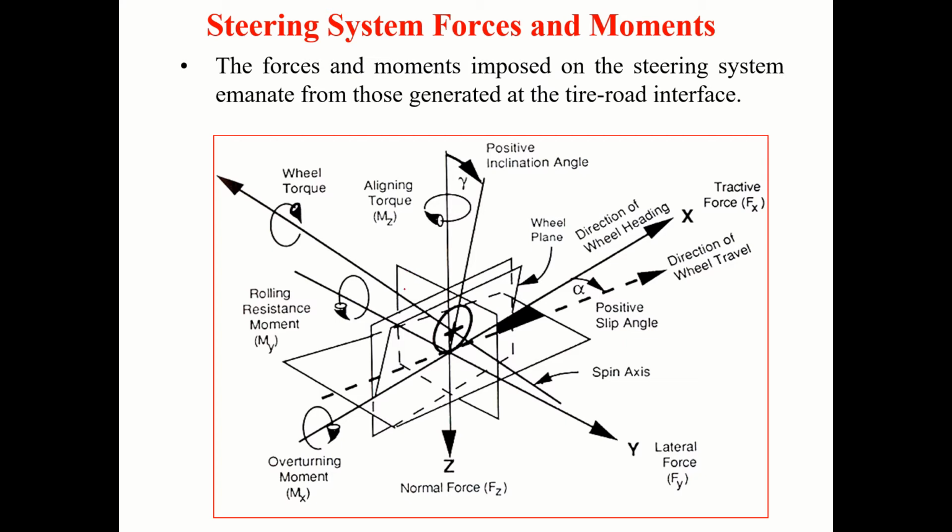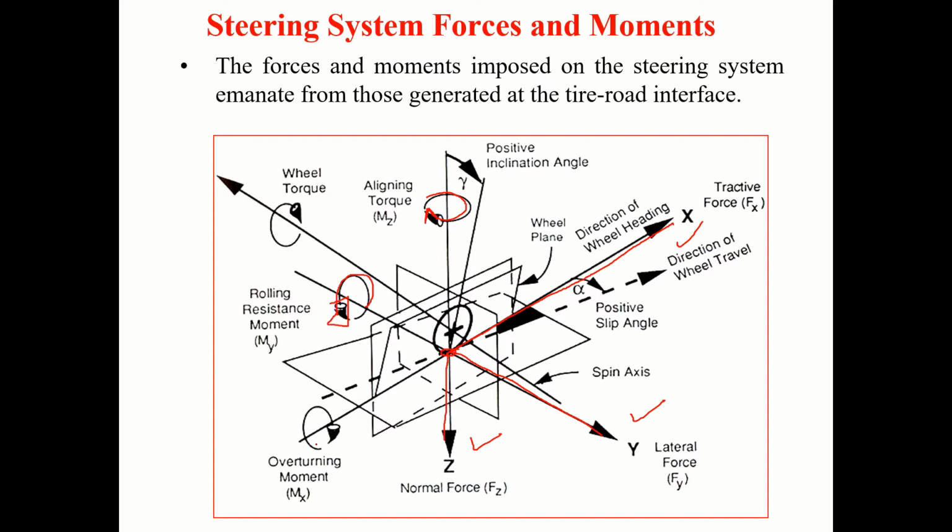Now I have shown all these forces at the tie rod interface here. You can see the vertical force acting here. This is the traction force acting. There is a lateral force acting over here. About the z-axis, you have aligning torque. About the y-axis, you are having rolling resistance moment.